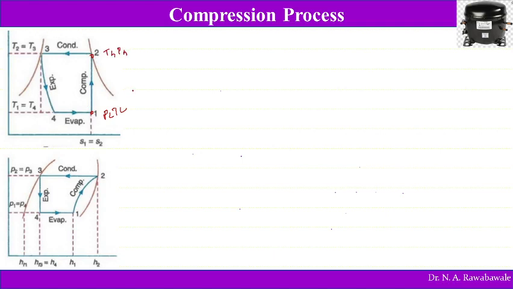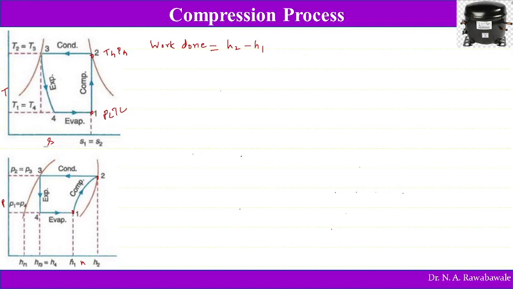Pressure is going to increase, which is shown by the line 1 to 2 on the T-s diagram, and curve 1 to 2 on the p-h diagram. Now during this process work is done on the refrigerant.